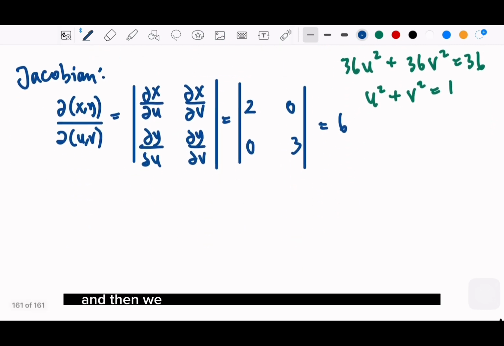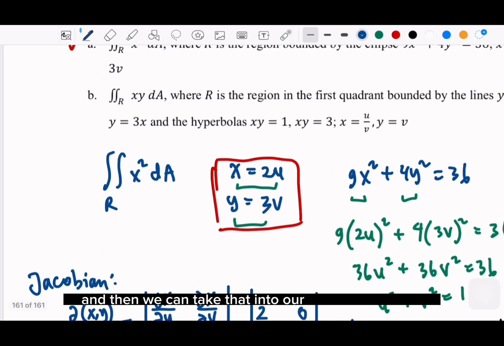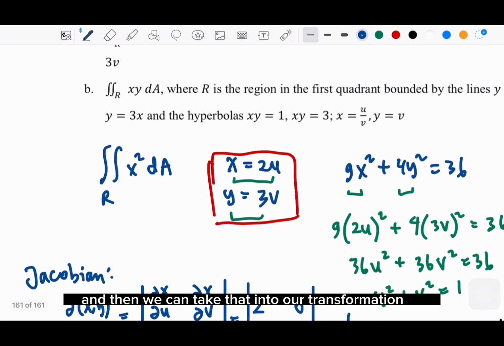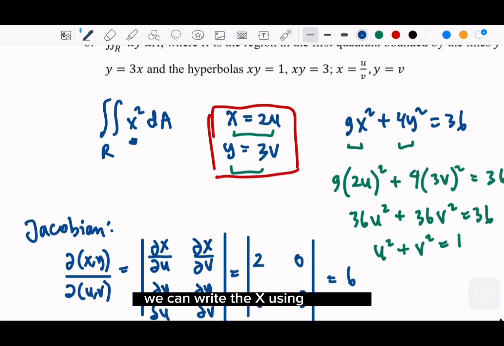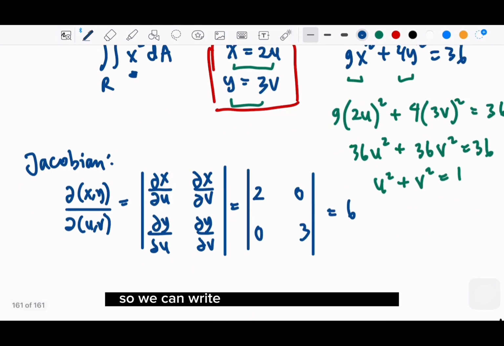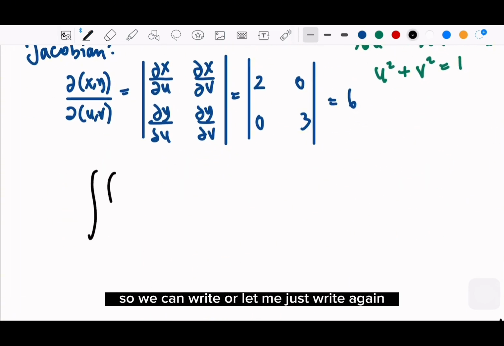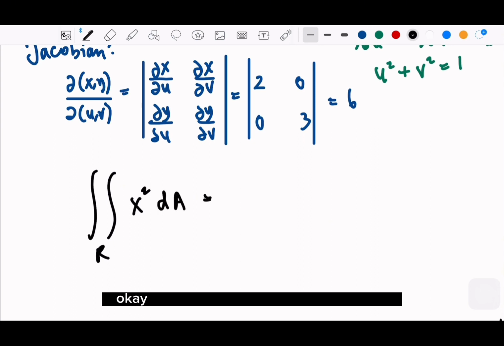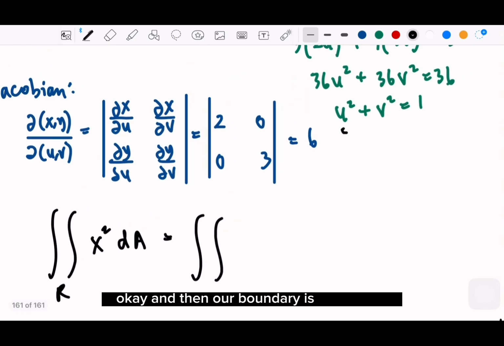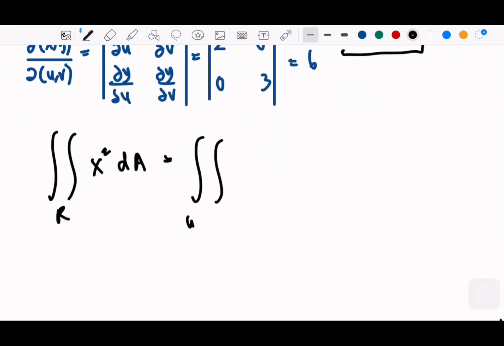And then we can take that into our transformation. So we can write x using 2u. Let me just write again. This is the question. Okay. And then our boundary is this circle.